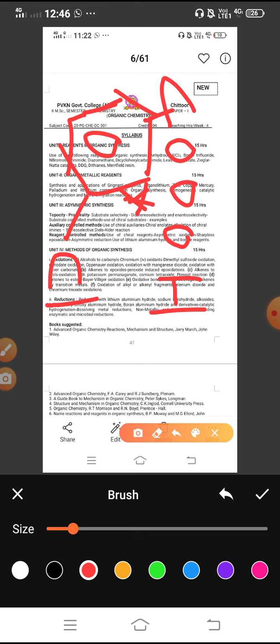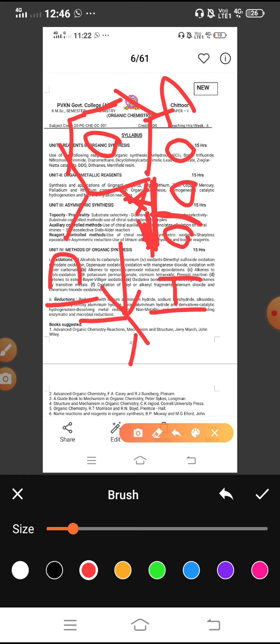Benzoic acid we know is benzene COOH, but in metachloroperbenzoic acid, one oxygen is extra. That oxygen attacks directly in the previous reaction, olefins converted to epoxides. This is a peroxide. This O-O bond is a very unstable bond. This bond easily cleaves because peroxy bonds are highly unstable.